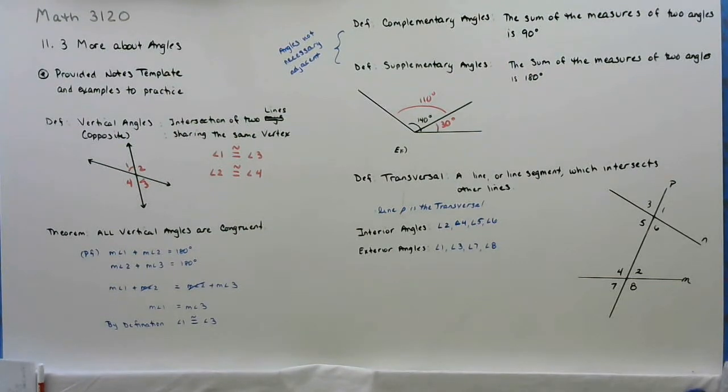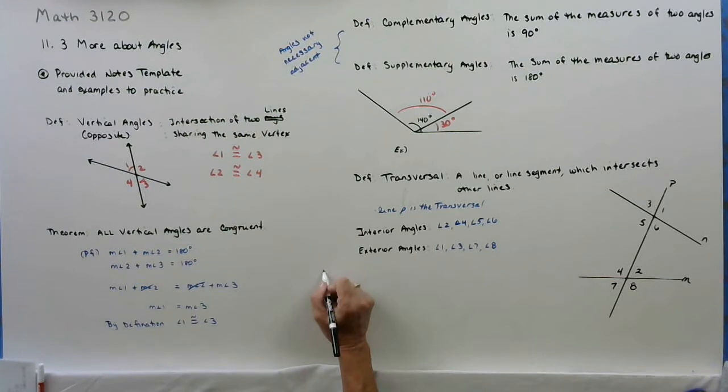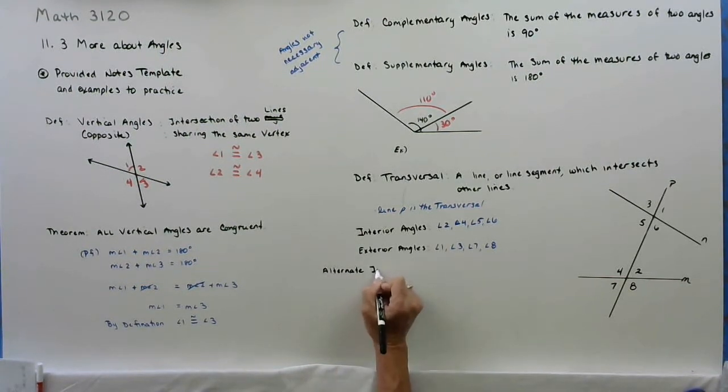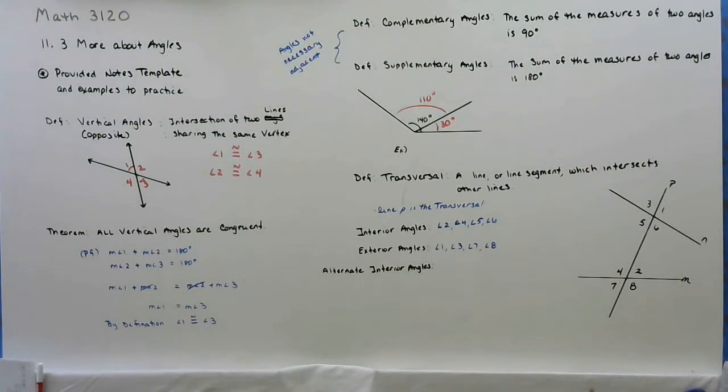And then we want to get more specific. Now let's look at the interior angles. Notice I'm going to now add an adjective to describe the interior angles. I'm going to call them alternate interior angles. So I'm looking at the interior ones. So I'm not talking about these, and I'm not talking about these.